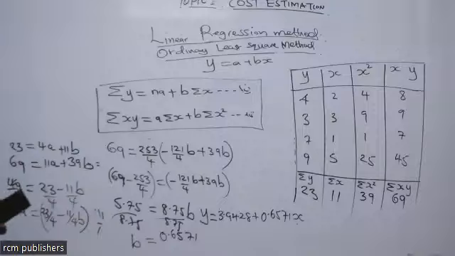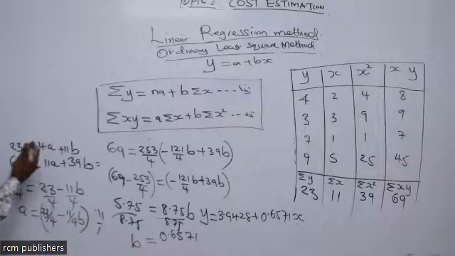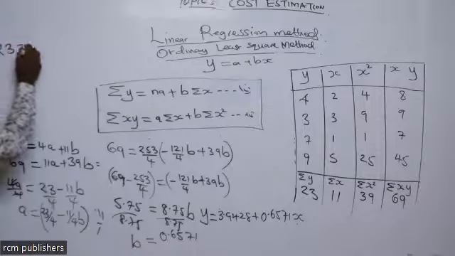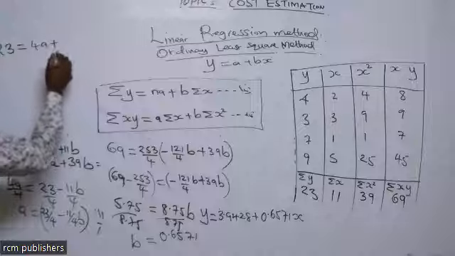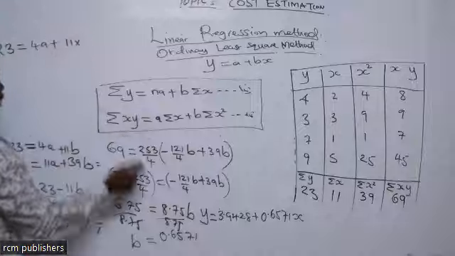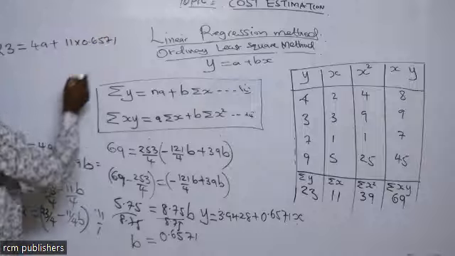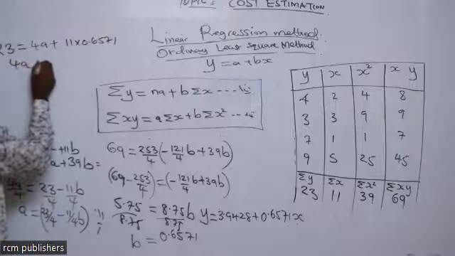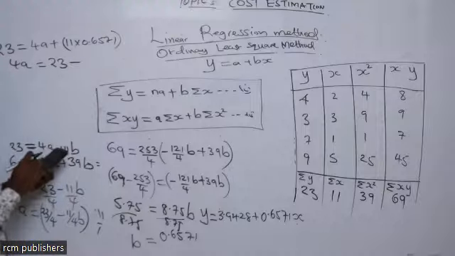Okay. Back to your equations which you end up here. Either this or this. Just pick one of them. I come to pick the first one. 23 is equal to 4A plus 11B. 11 multiplied by B, which I have calculated there. So my 4A will be equal to 23 minus this one here.